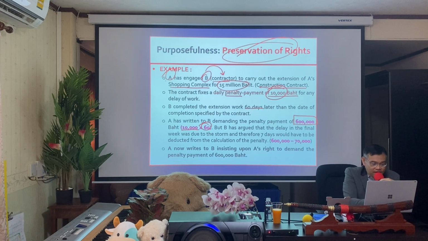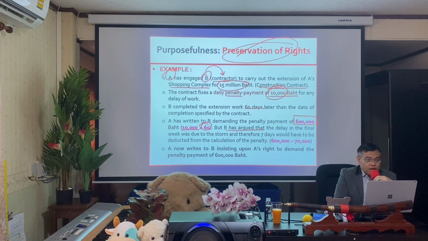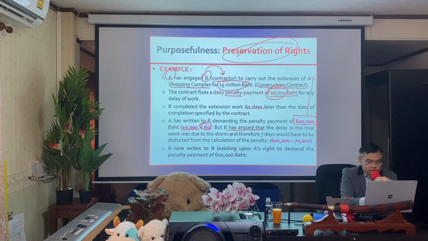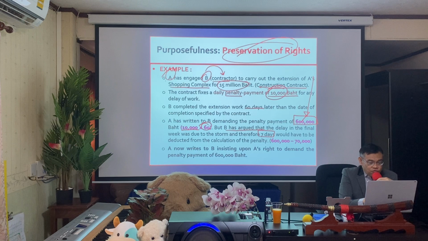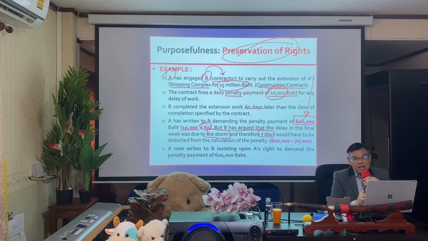B in this case argued. B said, no, I'm not going to pay this amount because in the last 7 days of our work, we had a very serious storm. The delay which occurred during the last 7 days was caused by the storm, and it is not B's fault.